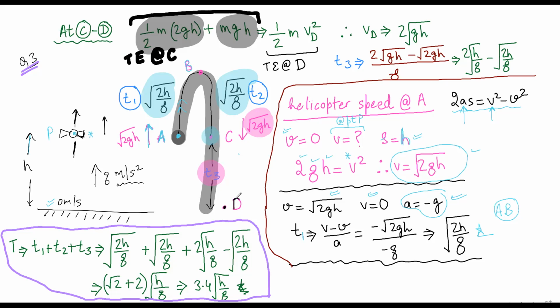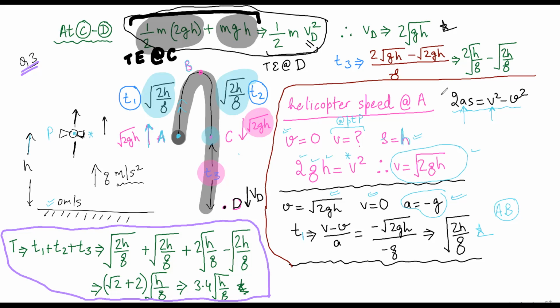I want this because I want to calculate the velocity with which the packet will hit the ground, Vd. And why do I require Vd? You will understand in just a minute. So using conservation of energy, I calculate Vd. You have to trust me on this, that when you solve this, the answer of Vd that you will get would be 2 root gh.